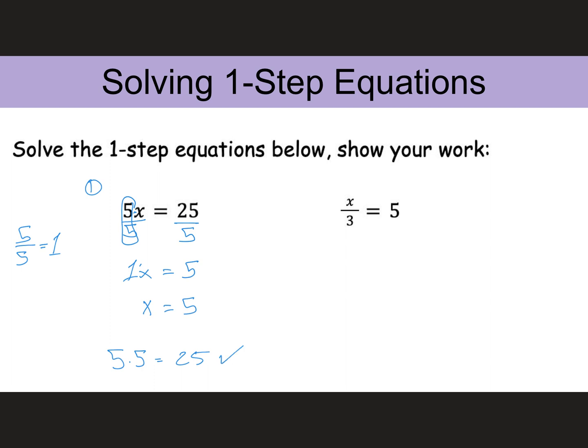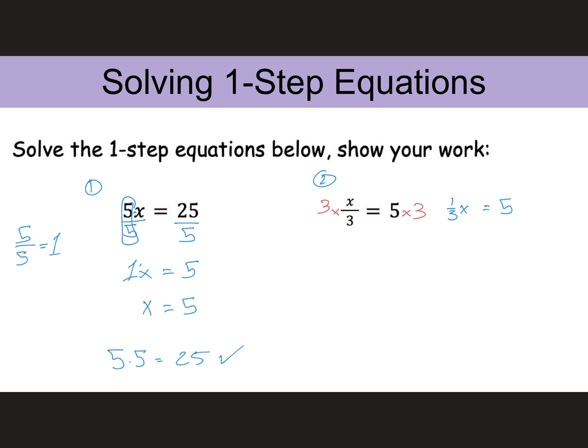Does that work? Yes. Now in number 2, I have x divided by 3 equals 5. I could also think of it as 1/3 of an x is equal to 5. So what is my inverse operation? If I'm dividing by 3 over here, I'm going to multiply by 3 on both sides.